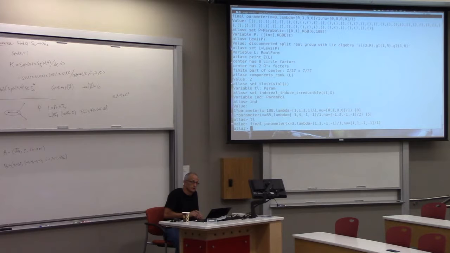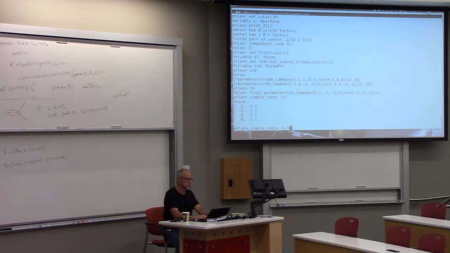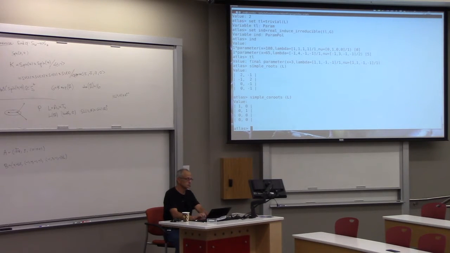Can you write the simple co-roots of L? So one interesting question: can you write highest root of L?